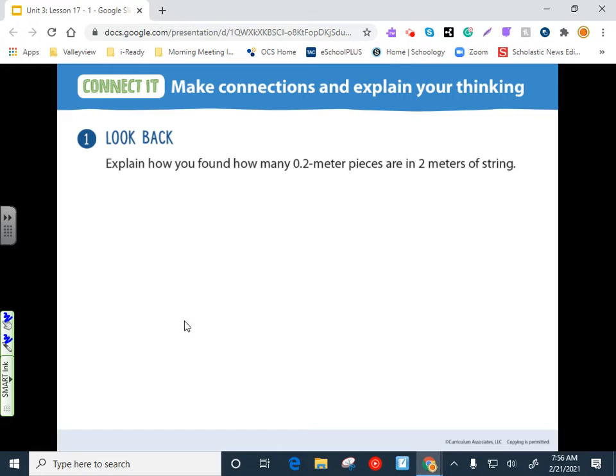Explain how you found how many 2/10 meter pieces are in 2 meters of string. Well, it's simple. We changed the division problem into a multiplication problem.